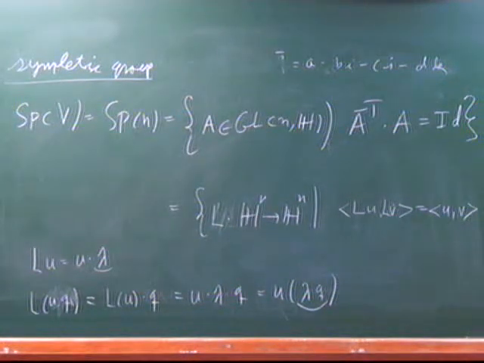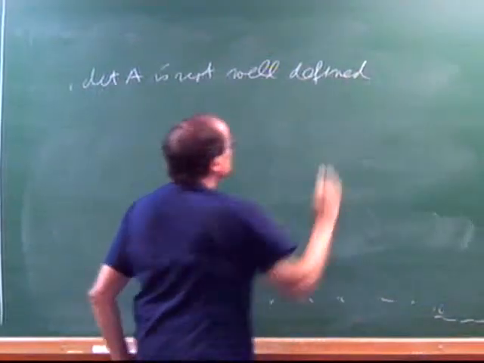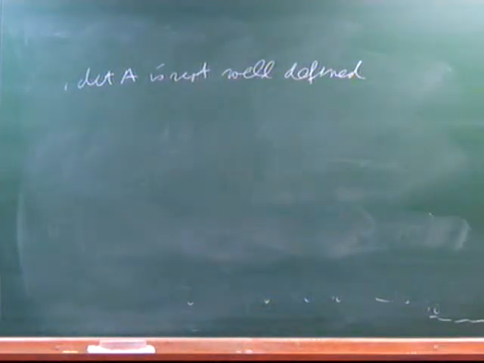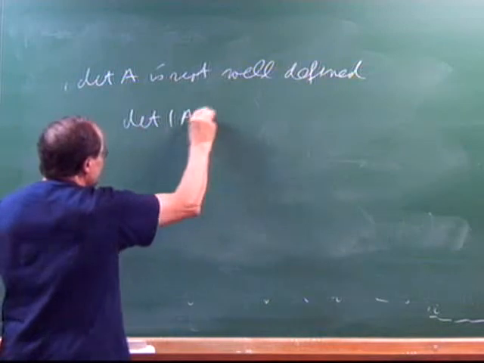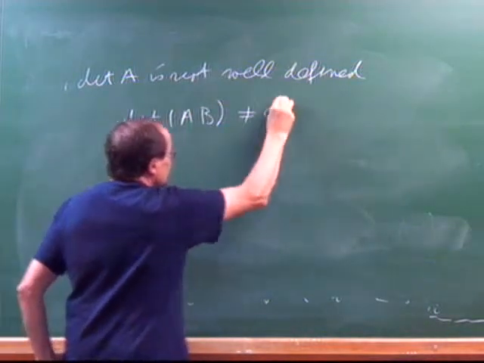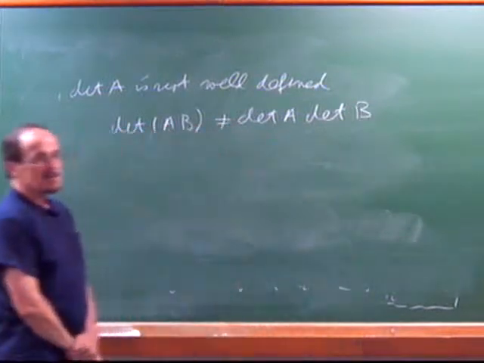Other things that don't make sense: the determinant of A is not well defined. Or if you were to do it with the usual formula in terms of permutations, the determinant of AB wouldn't be the determinant of A times the determinant of B in general. That's not true.